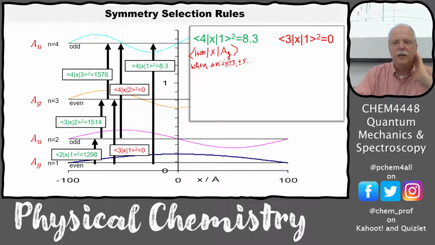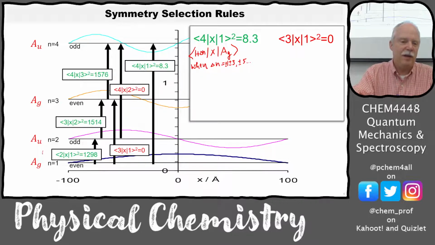Okay, so we're calculating the jumps from n equals 1, which is AG, using light, and going to 1 plus delta n when delta n is 1, 3, 5, etc.